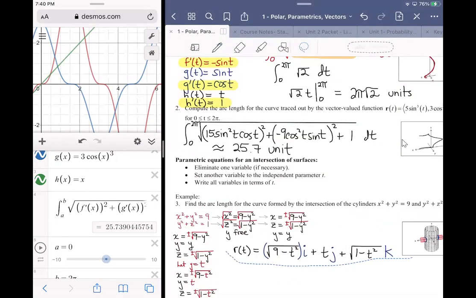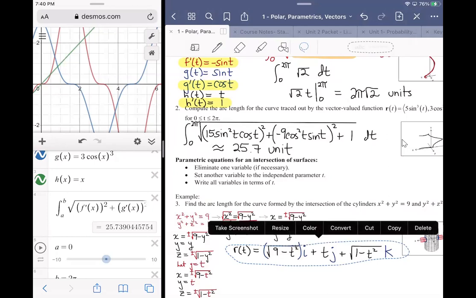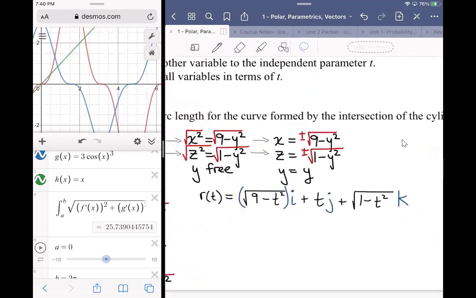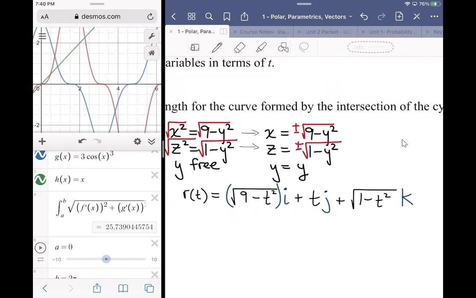So I need to differentiate all this. Some parts easier than others. So I need my r primes. And then from there, I need to actually pop it into my arc length formula.